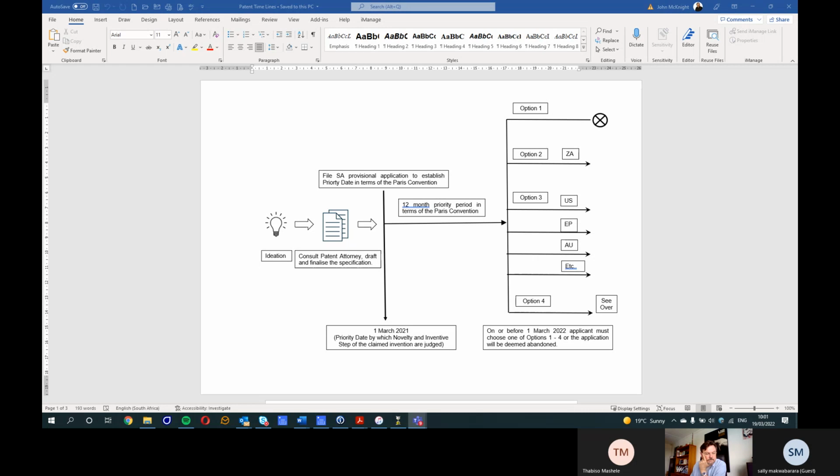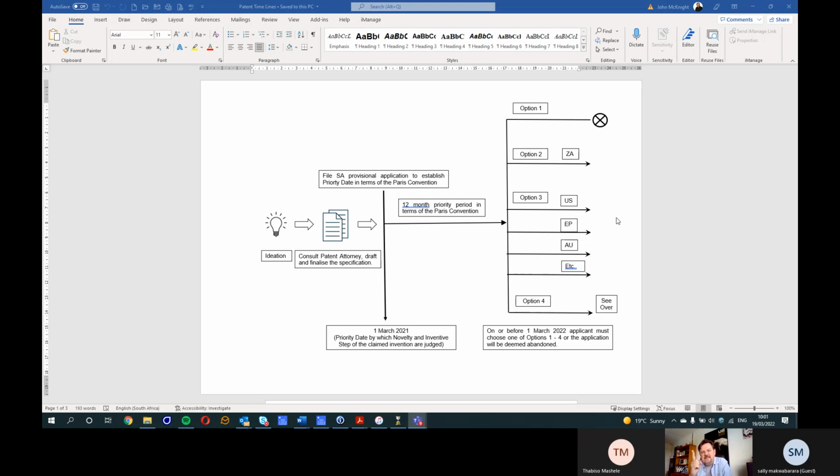Hi. In terms of option 1, if we abandon that invention, does it now become state of the art or prior art? No. Awesome question. No, it doesn't, because for the first 12 months, and 6 months into whatever option you choose, it remains secret.